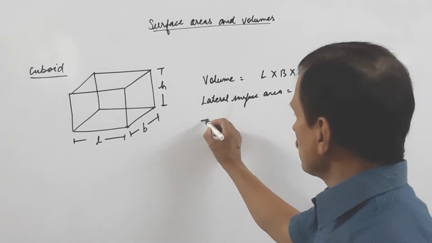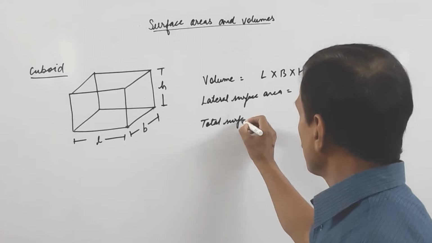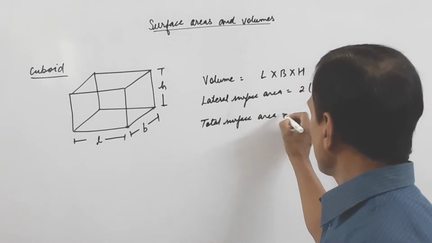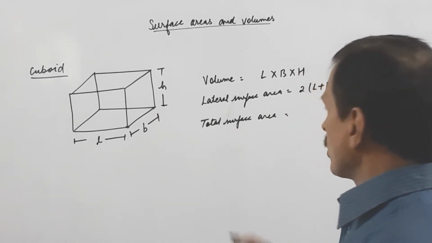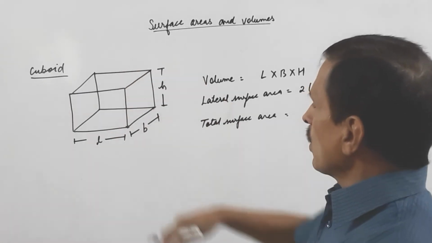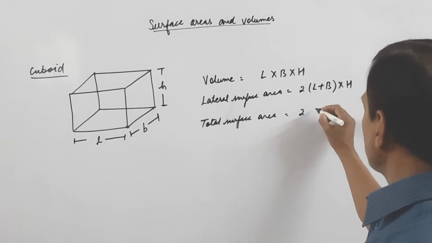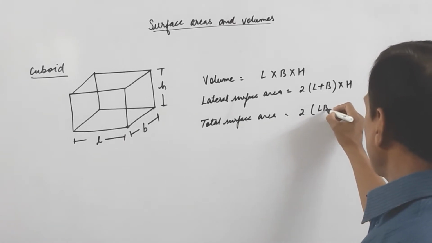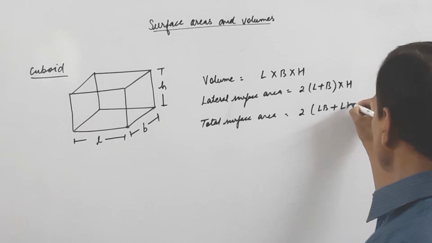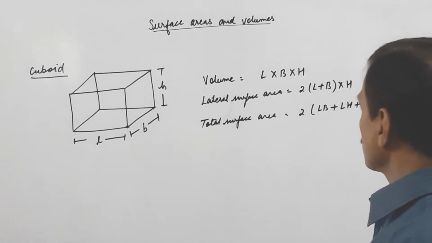Total surface area includes the lateral surfaces and 2 horizontal surfaces, and that is twice of LB plus LH plus BH.